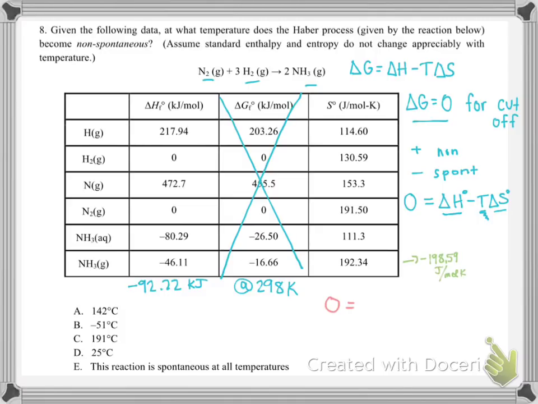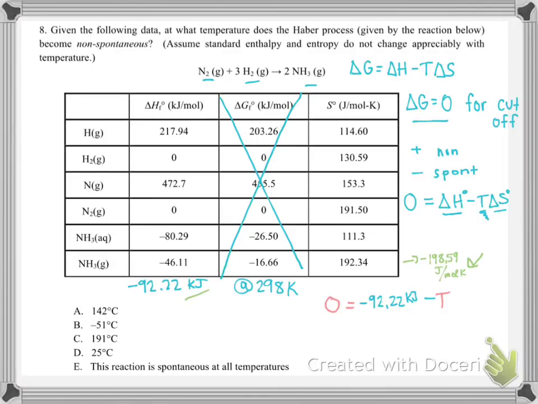And then we can put in our enthalpy. So we need that minus T, and then we need our delta S. But hopefully you guys have realized that the units on delta H and delta S are different. We have 1 in kilojoules and 1 in joules.